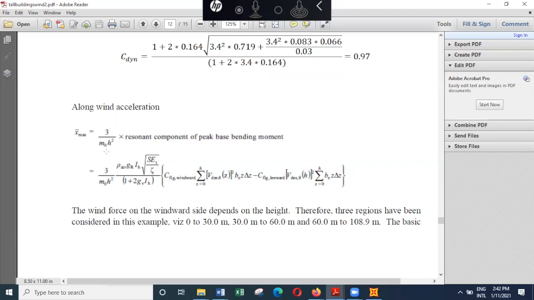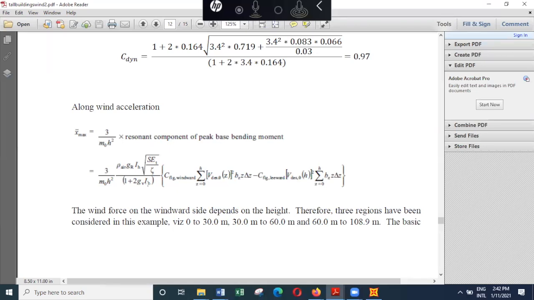We'll see how to calculate this particular component, because all these other values can be easily determined now that we know the method. But when you are calculating this acceleration, I told you earlier that we use different wind speeds, because we don't have to determine the acceleration when the peak wind speeds are acting.